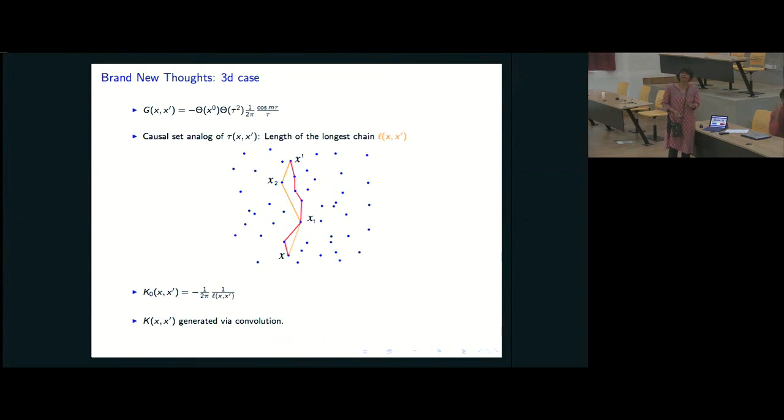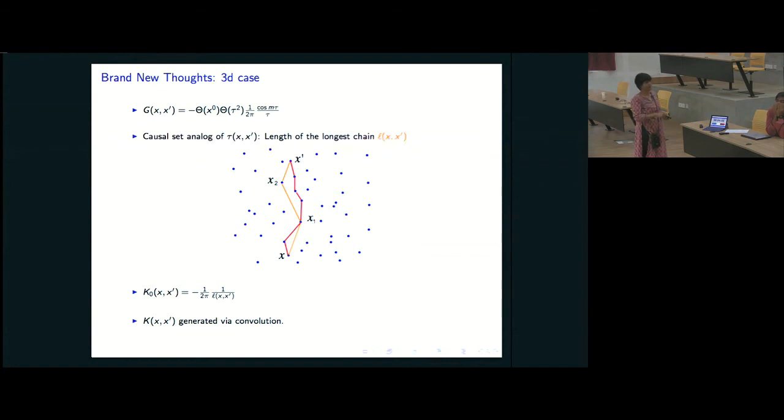Which is that if you use the same sort of thing in 3D, and I look at the 3D propagator, then the massless propagator has just this tau out here. And there is a very nice analog in causal set theory of tau, which is the length of the longest chain between two points. It's sort of the proper time which is maximized, right, in Lorentzian geometry.